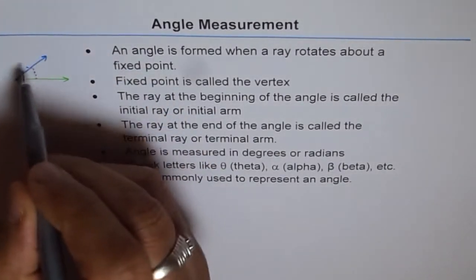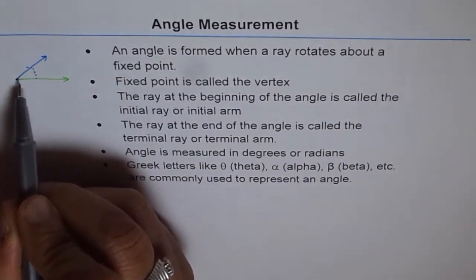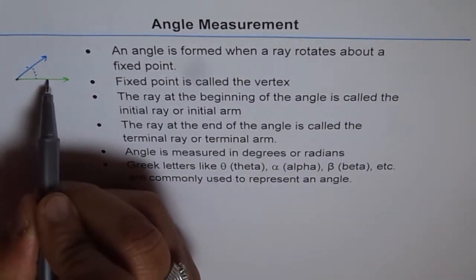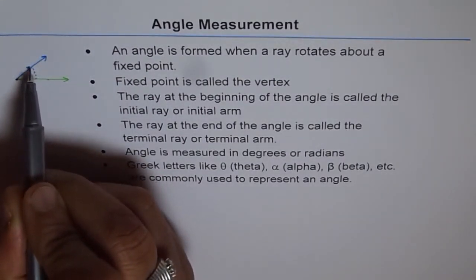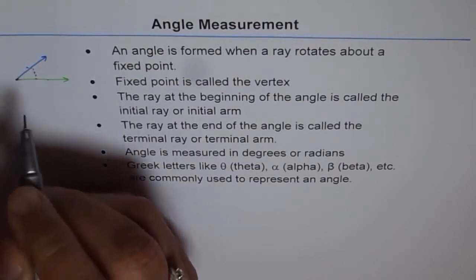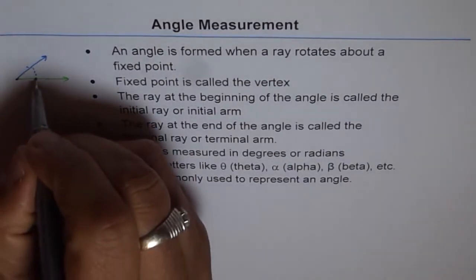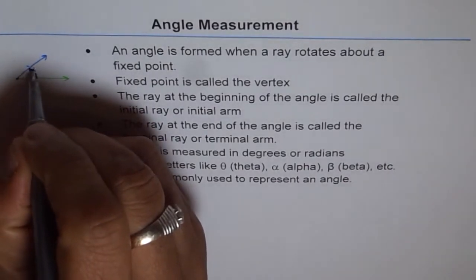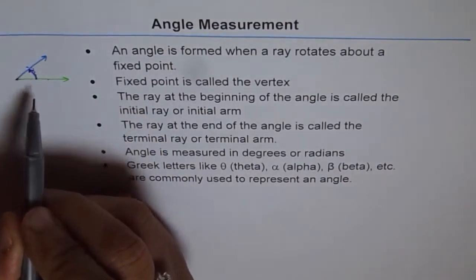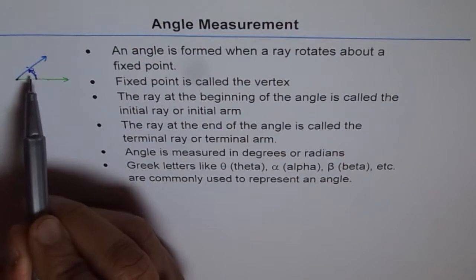When it comes to this position, it forms an angle between its initial position and this, which we are calling the terminating position, or final position. And the angle will be something in between, right? So that is the angle which you're looking for.